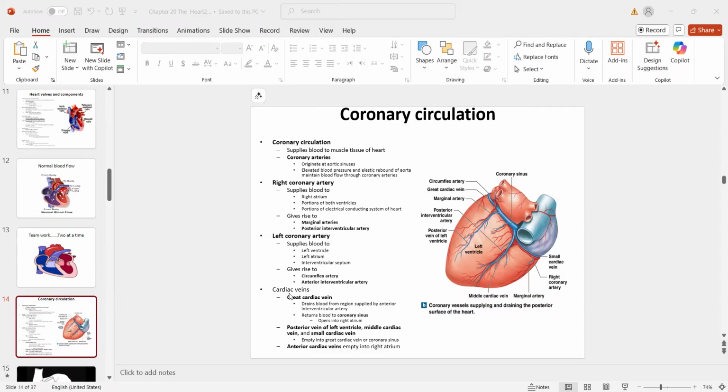The cardiac veins draining the myocardium return blood to the coronary sinus, which is a large, thin-walled vein that opens into the right atrium. Other cardiac veins empty into the great cardiac vein or the coronary sinus.